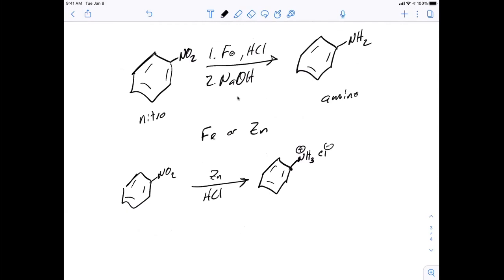So the first step, and we're not going to go through the mechanism on this one, gets us to the ammonium, which is just the protonated amine. And then when we add our base, well, the second step is just removing that proton to get us to the free base, or the amine.